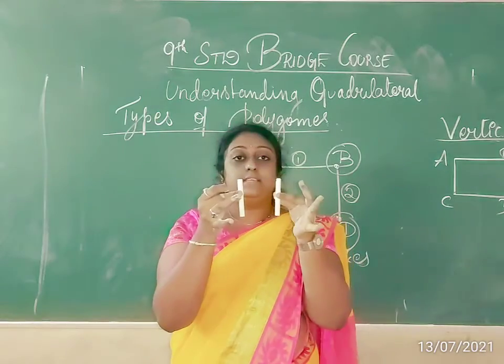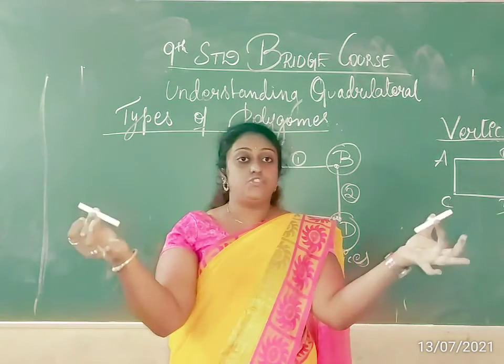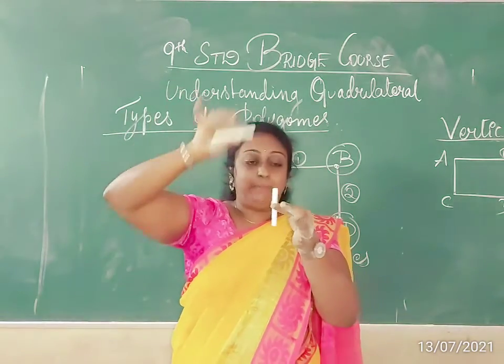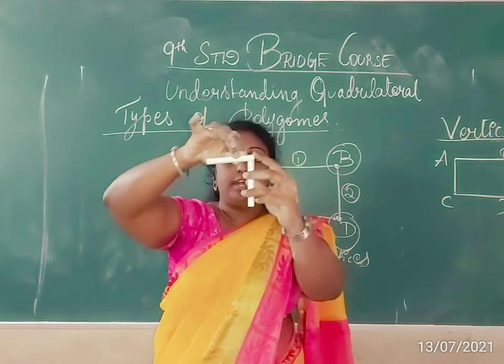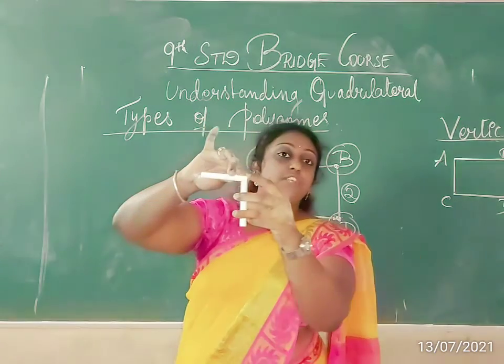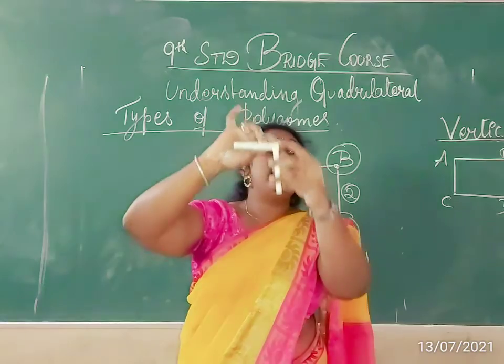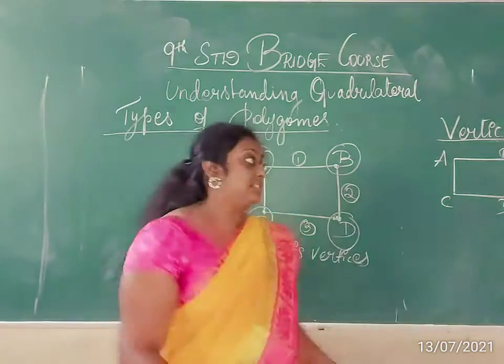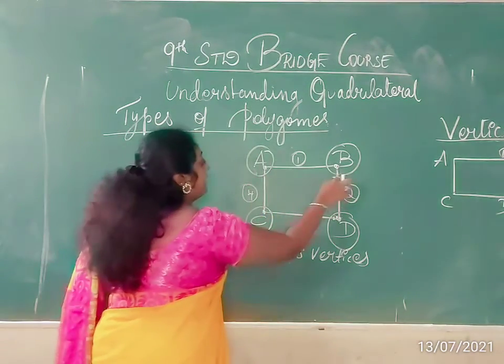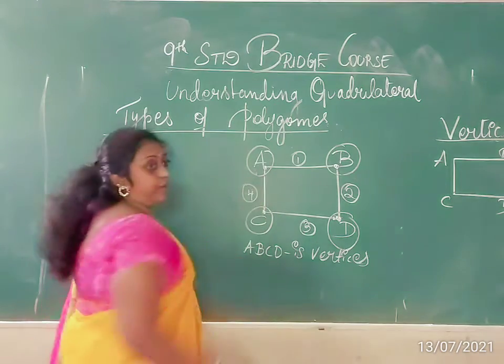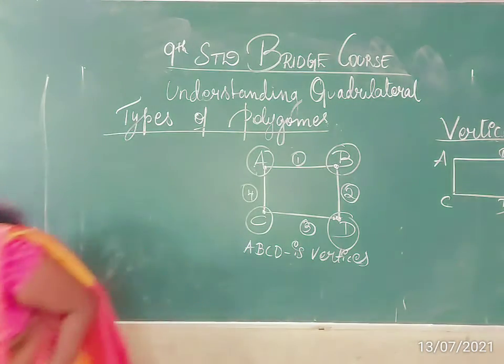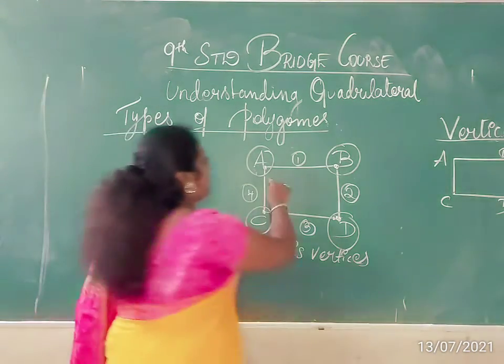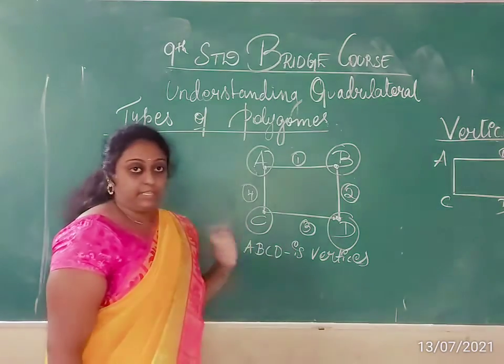When I keep them like this, they are parallel and not joining. When I join these two chalks, the point where I am joining them is said to be your vertex. See here, this AB line is joining with this AC line at point A. So that is said to be your vertex. So now A, B, C, D are vertices.